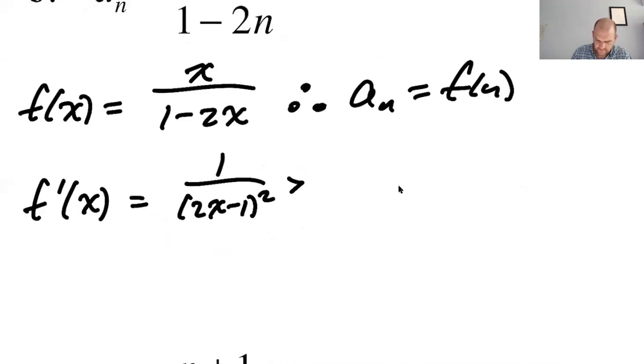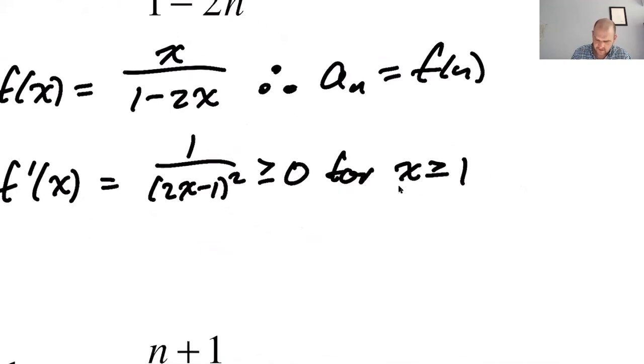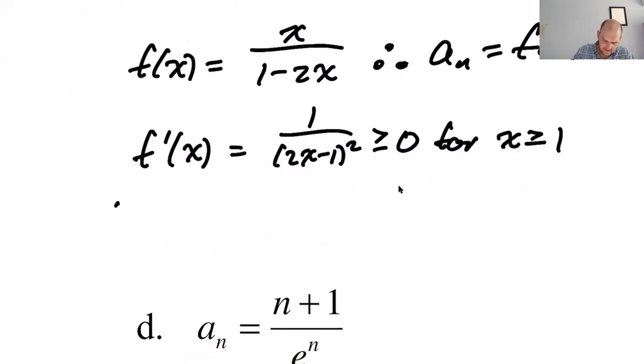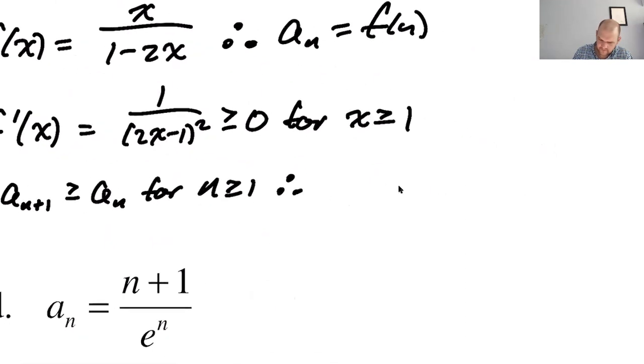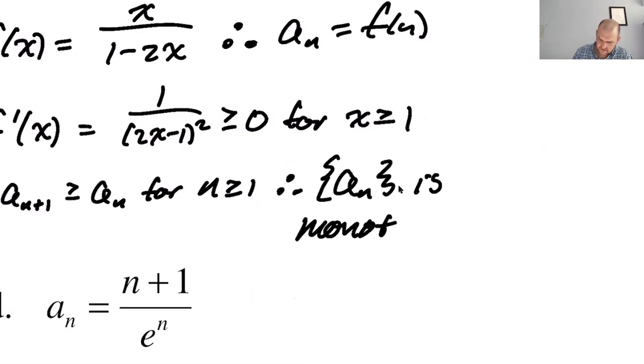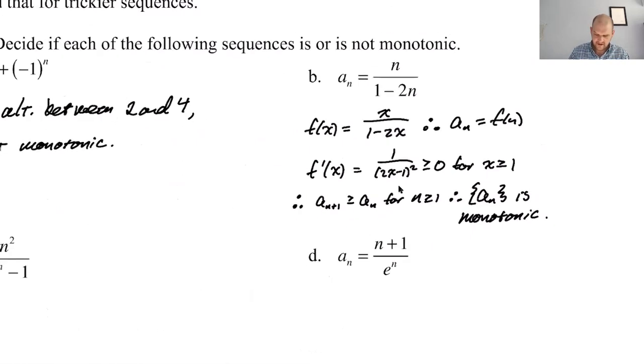So f prime of x is greater than or equal to 0 for x greater than or equal to 1. Therefore, a sub n plus 1 is greater than or equal to a sub n for n greater than or equal to 1. Therefore, the sequence is monotonic. That's the best I've ever chosen to write up that answer.